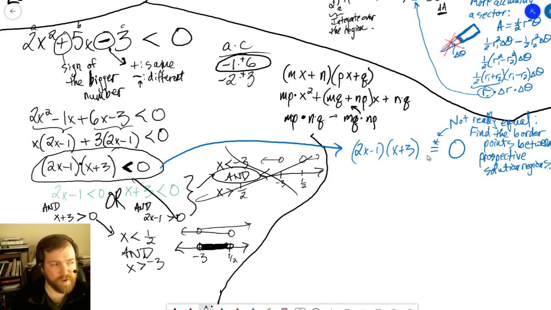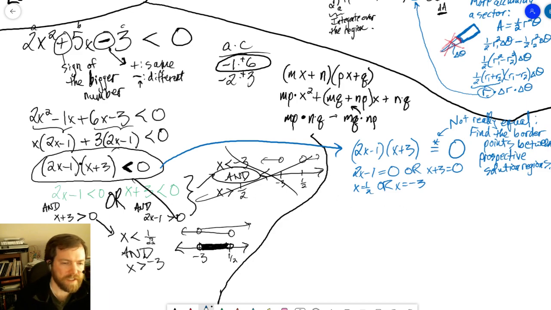So if this were an equation, then we'd be able to solve this as, just like the people earlier said, 2x minus 1 is equal to 0, or x plus 3 is equal to 0. When you do this, x must be equal to 1/2, or x must be equal to -3.